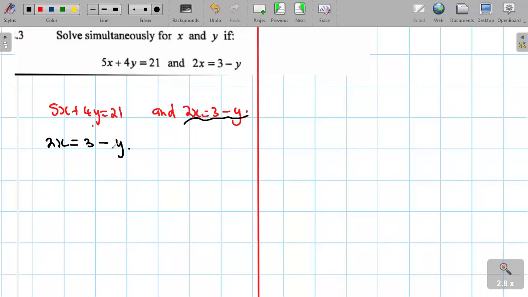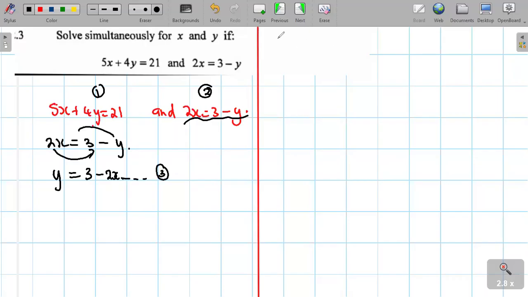Take y to the other side: positive y equals 3, and this one will come here and become negative 2x. So that's equation number 1, that's equation 2, and I like to say this is equation number 3.